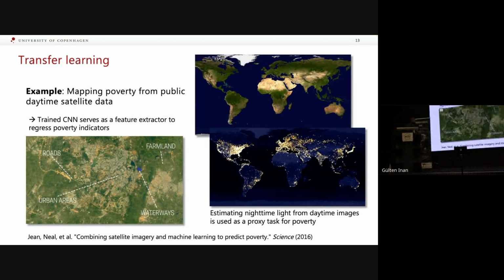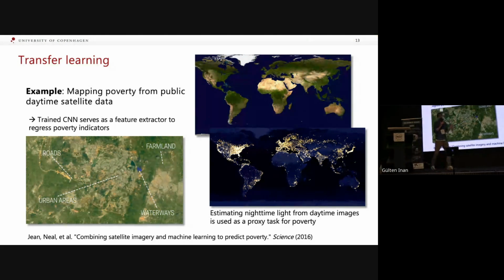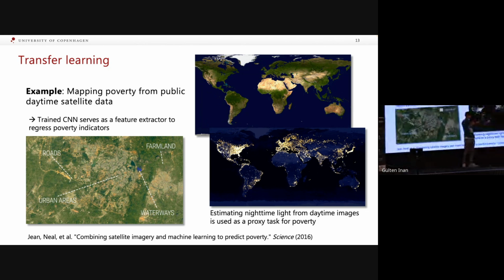But how to do this transfer learning in practice on Earth observation data? This was a very famous, or successful, example where the goal was to map some poverty index. And the data for this task was very scarce. However, what is abundant, or globally available, are these so-called nighttime images.